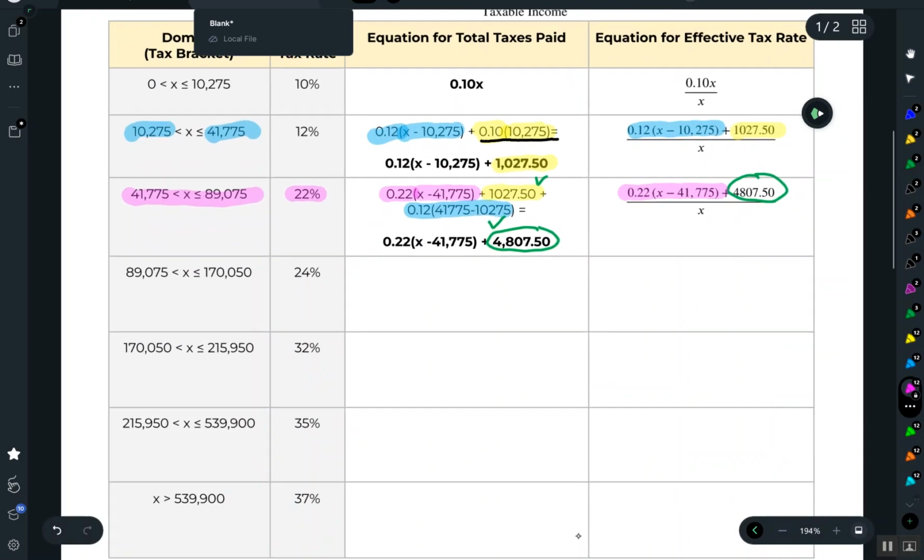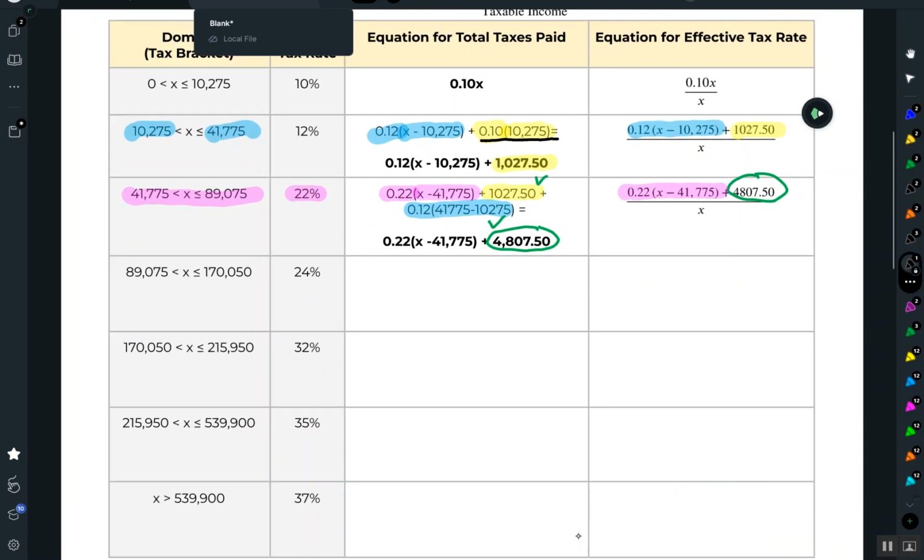Okay, so I'll do one more and you'll have to do the rest. So now we're in the 24%. We're going to do 24% times whatever in our salary is greater than that 89,000. So we're going to do X minus 89,075.